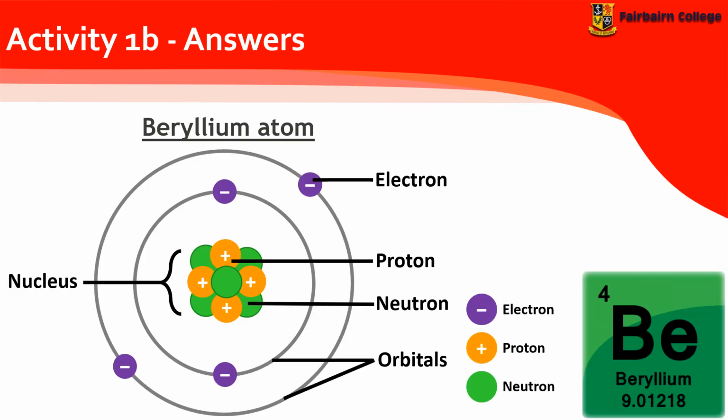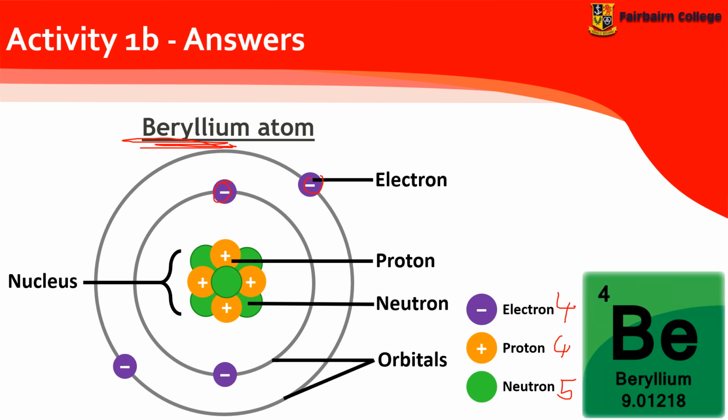For the second part of the activity, you had to draw a beryllium atom. It is very similar to the lithium atom we drew in the previous video, but in this case it has a few more electrons, protons and neutrons. The amount of electrons is 4, the amount of protons is also 4, and the amount of neutrons is 5.